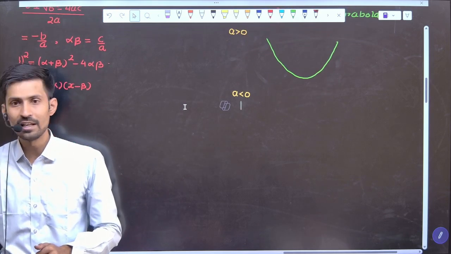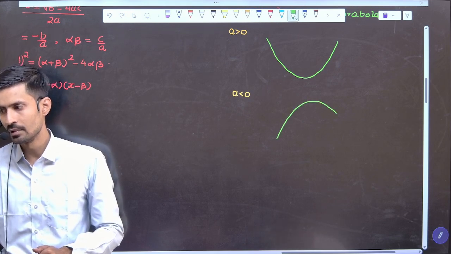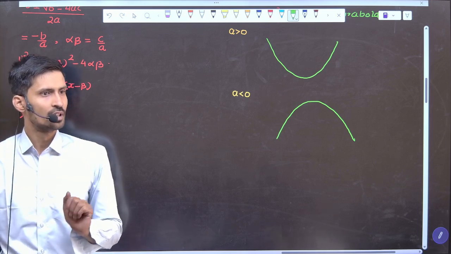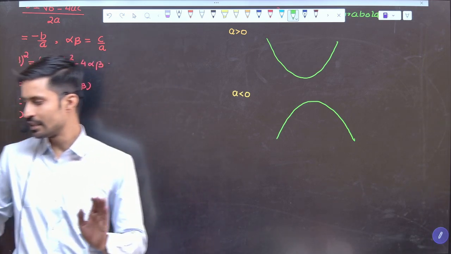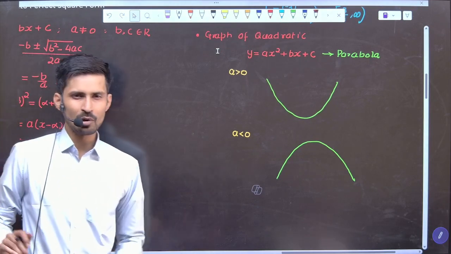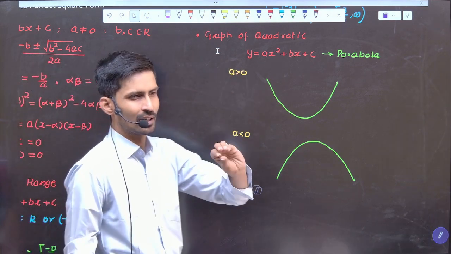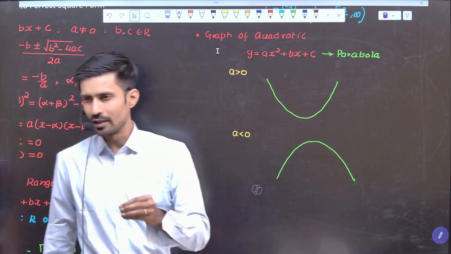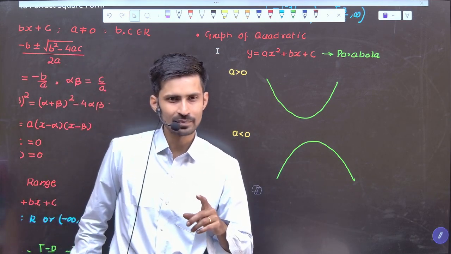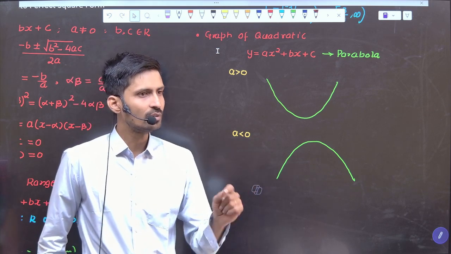And when a is less than 0, that graph will come down. So this is what you have to remember. Very simple thing you have to remember. You don't have to go for a lot of things about the graph of a quadratic. Very simple. Sir first said that for a quadratic expression, the graph follows a parabolic path.